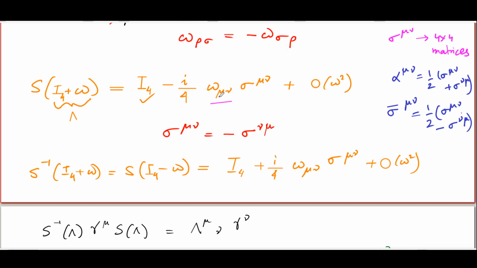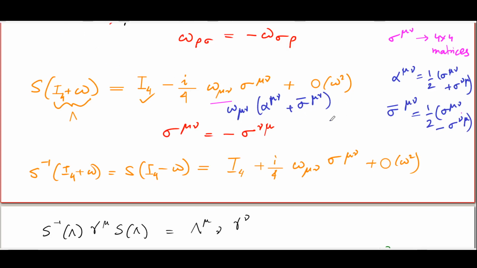Now notice that this omega mu nu sigma mu nu combination involves an antisymmetric omega mu nu. And in terms of this alpha and sigma bar, this would simply be omega mu nu times alpha mu nu plus sigma bar mu nu. But note that I can interchange the two indices.